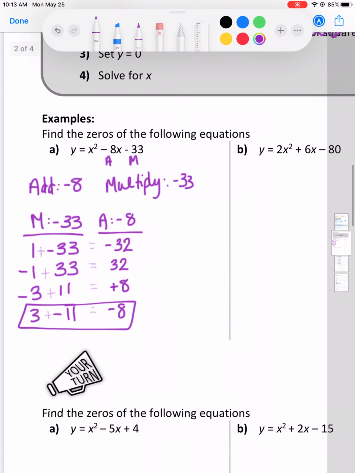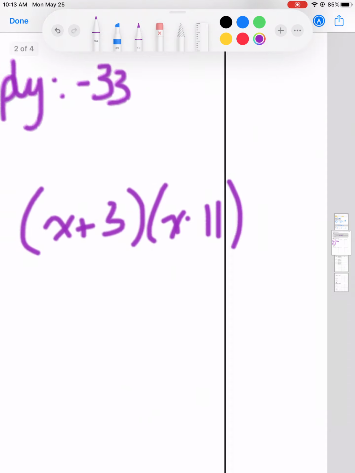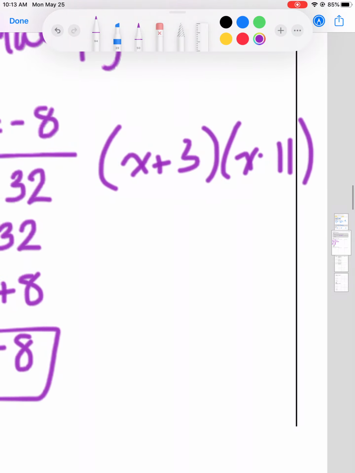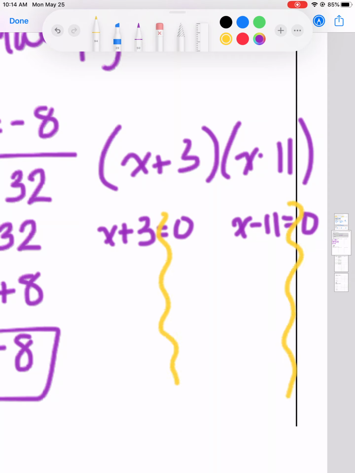So we're going to be doing x plus 3, x minus 11. So remember now we have to solve for x, meaning we have to find out what x is equal to. So we do x plus 3 is equal to 0, and x minus 11 is equal to 0. So remember left side, right side. Okay, I told you that all this stuff would come into play someday. -3, -3.